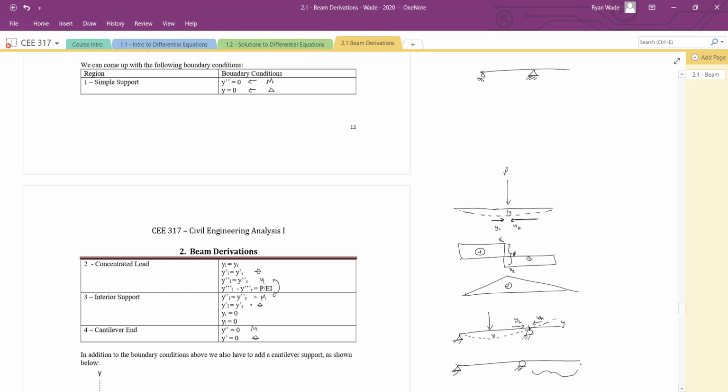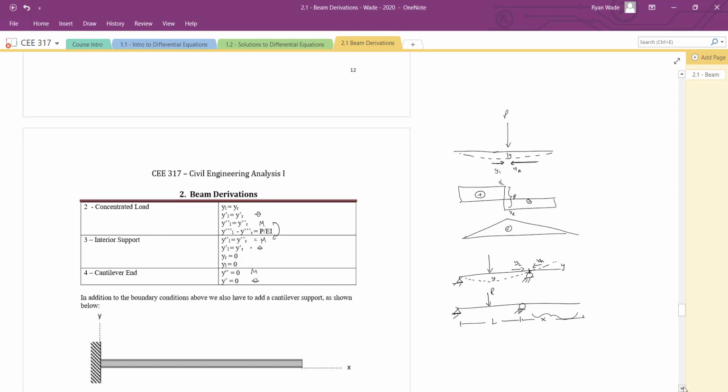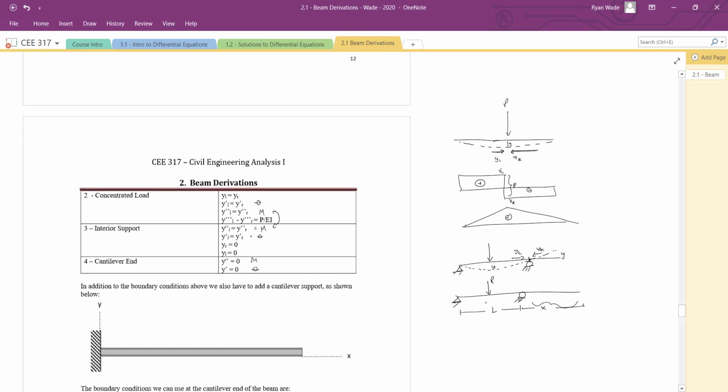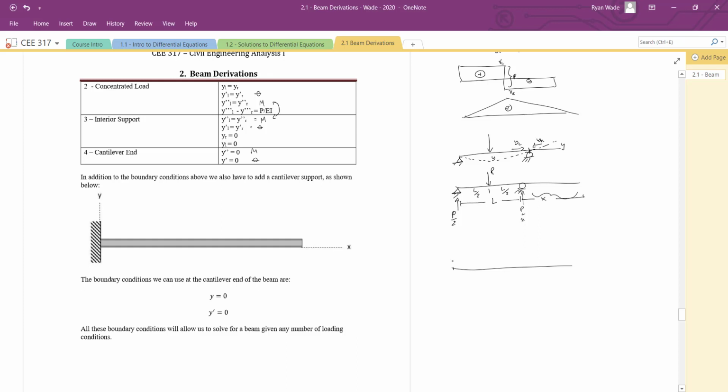And why that is, basically, if we look at this scenario, and we have this is P, say this is L, and this is, it doesn't matter, we'll call it X, even though I don't really like using that. And we solve for the constants, right? If these are L over 2, or we solve for these reaction forces, that'll be P over 2, that'll be P over 2. We draw our shear force diagram.